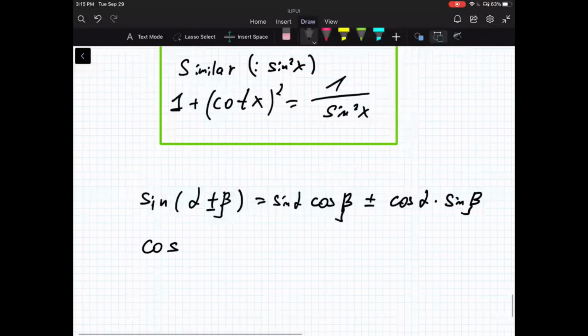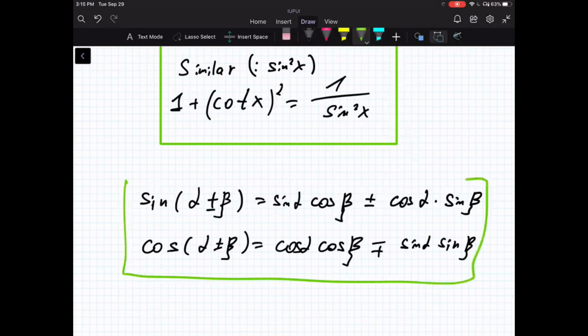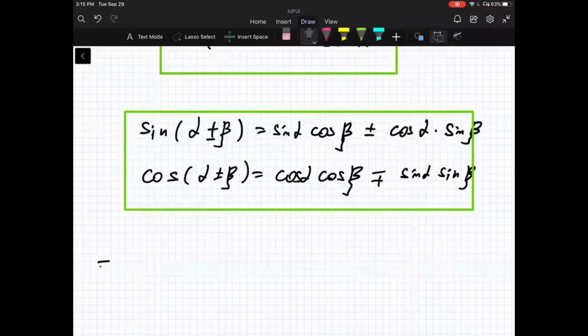While cosine of alpha plus minus beta is equal to cosine of alpha cosine of beta minus plus sine of alpha sine of beta. And from here, you have many interesting corollaries.